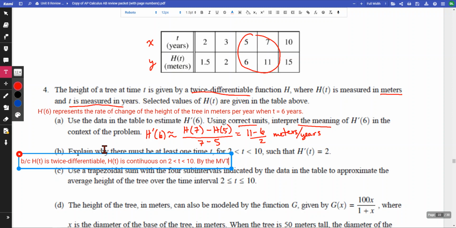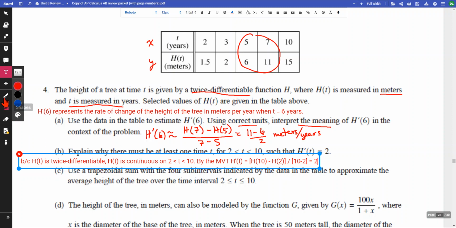Right? By the mean value theorem, h prime of t will equal, now we need to set up a little piece, the average slope, so the value at 10 minus the value at 2, all over 10 minus 2, which in this case is equal to 2.